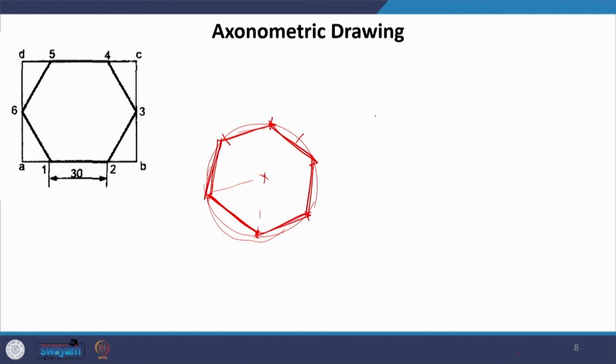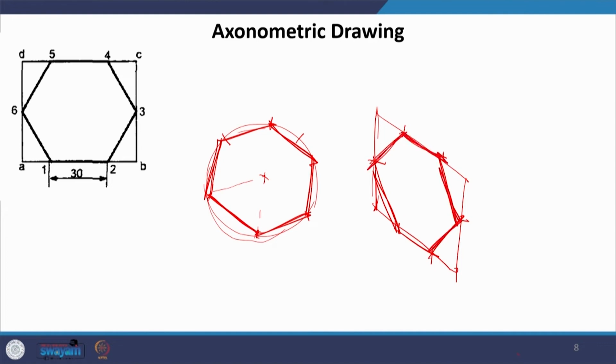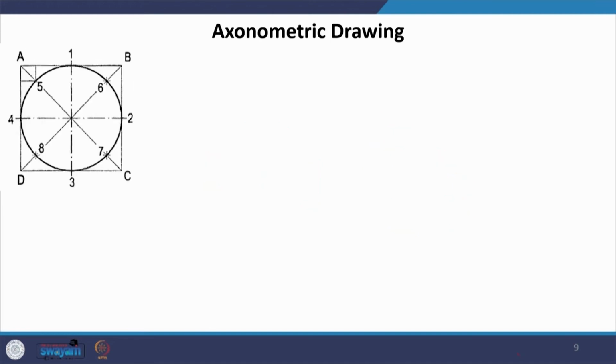For the elevation, again use the reference rectangle and you get the resultant object. You could do it for the other vertical plane.